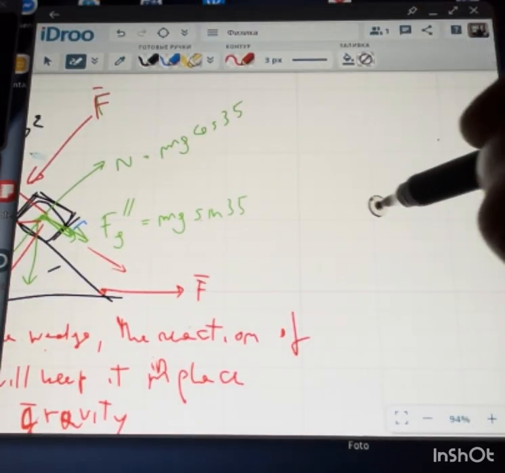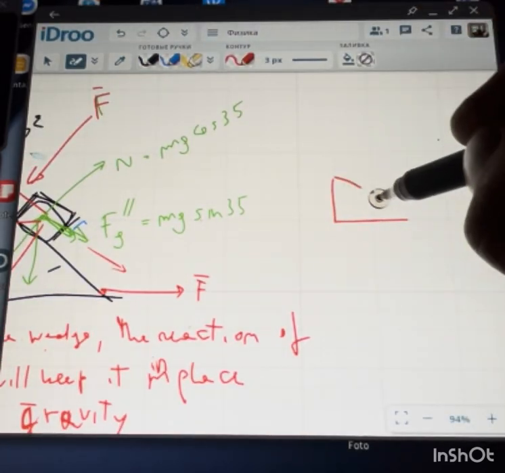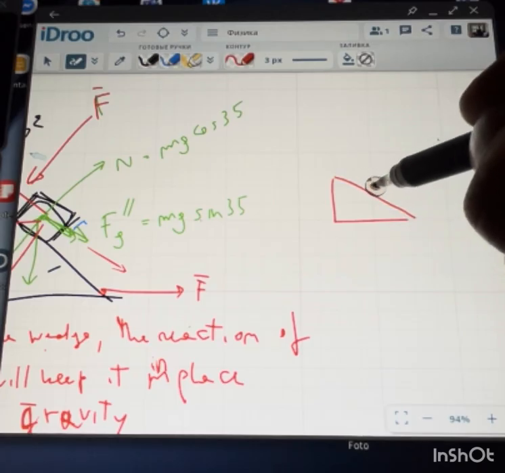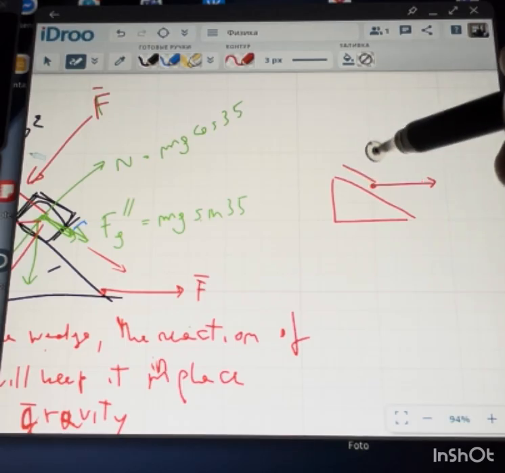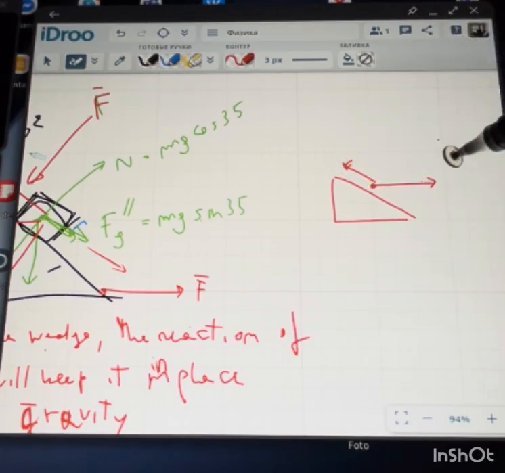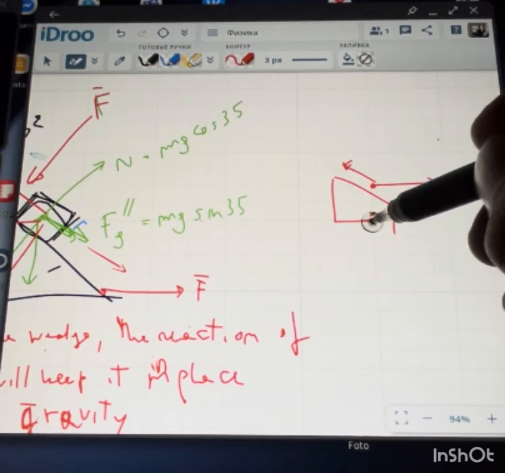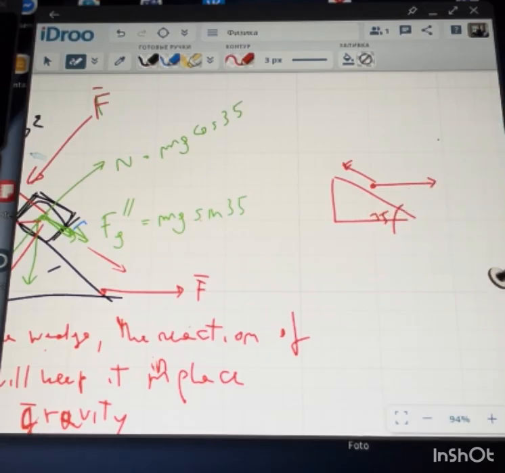So this is the wedge. This is the force pulling it that way, and we are asked how much is this one, if this is 35. Is that not like sine 35 something, because it's the same as this slope? Are you sure?